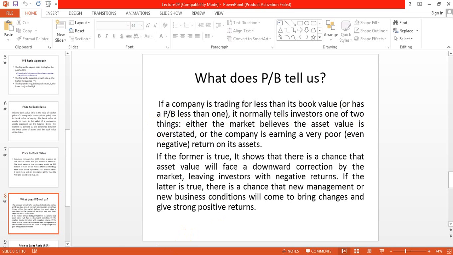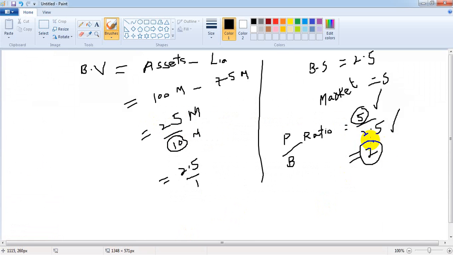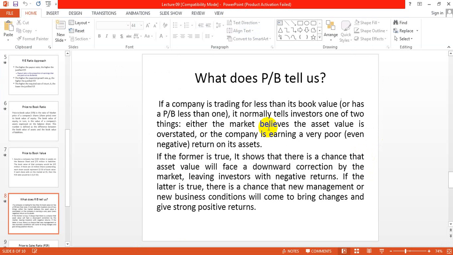It's talking about if this value, in our case, this value is above 1. What is he saying? If a company is trading for less than its book value or has a price to book value less than 1, it normally tells investors one of the two things.